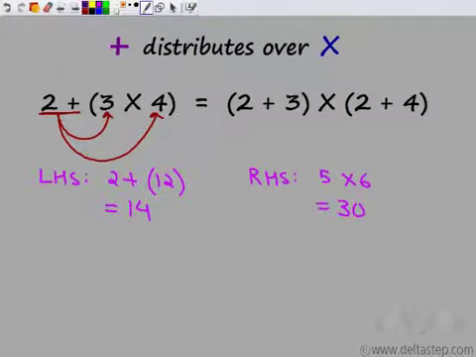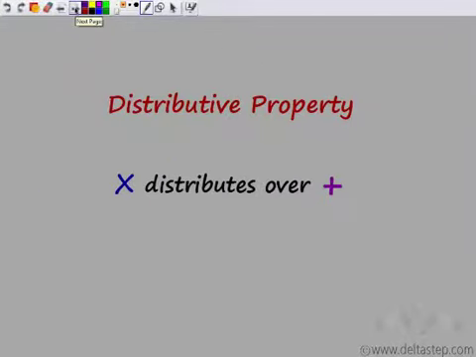So clearly, left hand side is not equal to right hand side. Hence, I can say that addition does not distribute over multiplication. So the distributive property states that only multiplication distributes over addition. Addition does not distribute over multiplication.